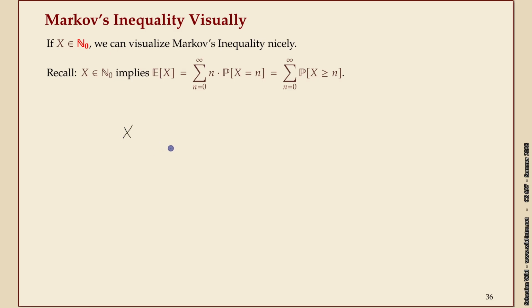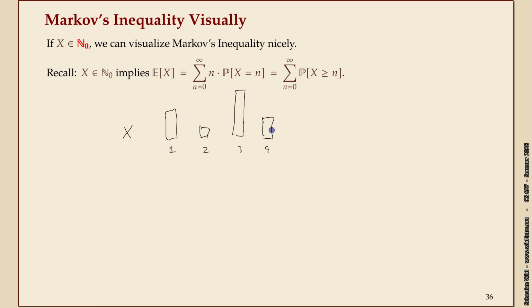say x takes values 1, 2, 3, 4 with certain probabilities. Then what this first sum does is sum this up times 1, times 2, times 3, times 4.